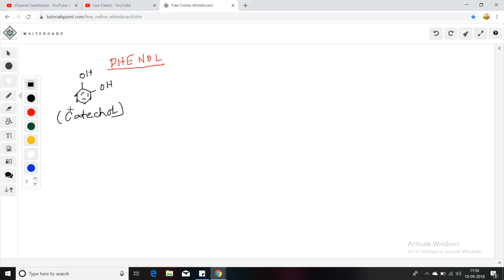Catechol. These compounds you must remember. Sometimes we use the name directly. If you do not know the structure, you cannot do anything. Catechol. If we have OH groups present like this, OH here and here, we call it resorcinol.